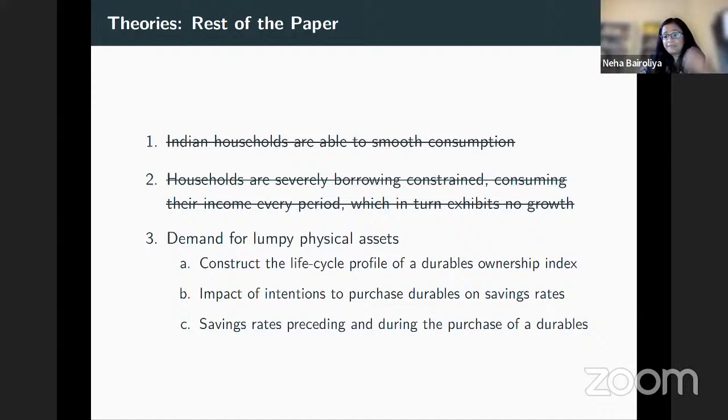Are households really saving if they report that they are intending to purchase these durables down the line? And finally, we're going to look at actual purchases and how savings rates vary around the actual purchases. So hopefully these three things together should convince you a little bit that demand for lumpy physical assets is one of the key drivers of a flat consumption profile, and why this demand could be depressing non-durable expenditures over the life cycle.